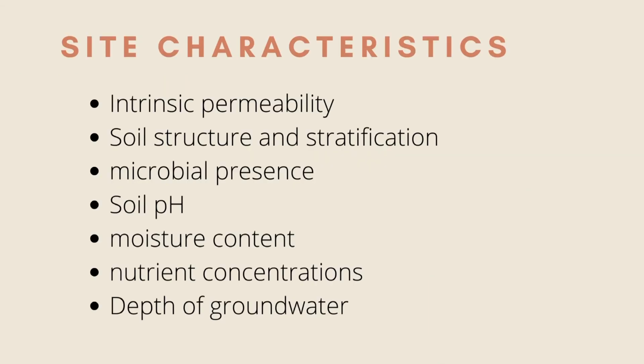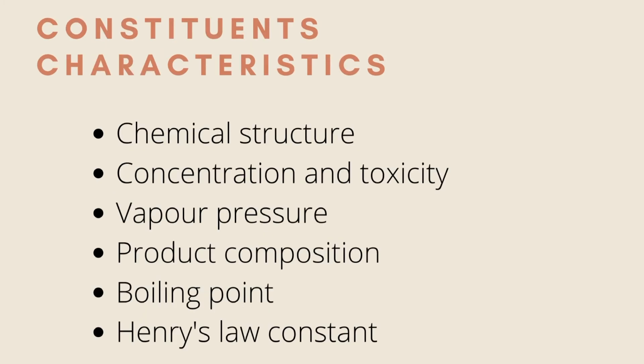For example, intrinsic permeability, soil structure and stratification, microbial presence, soil pH, moisture content, nutrient concentration, and depth of the groundwater. Constituent characteristics include chemical structure, concentrations and toxicity, vapor pressure, product composition and boiling point, and Henry's law constant.